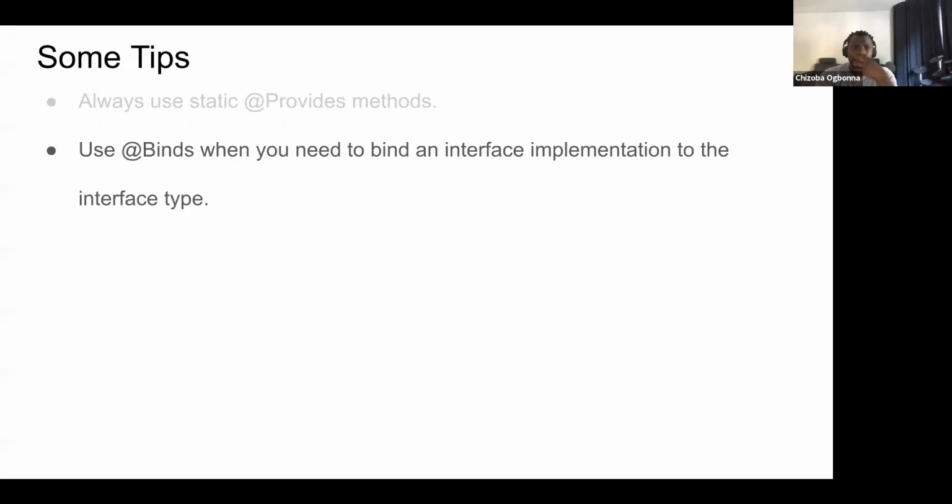Then always use binds. Although I didn't talk about binds and bind instance and all that in this talk, maybe we have come across this, or maybe we'll get to be exposed to it after today's talk. With binds, you might have already seen code where you have an interface and an implementation of that interface.